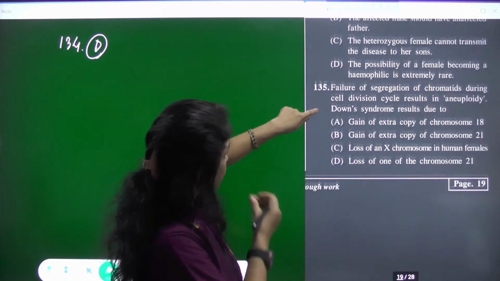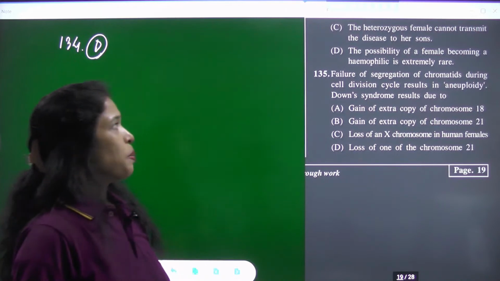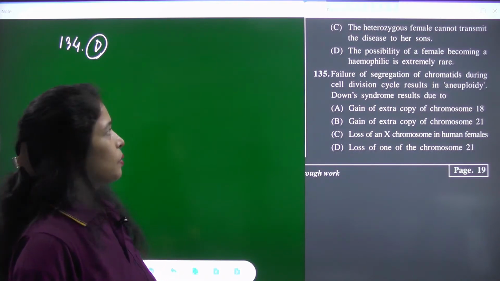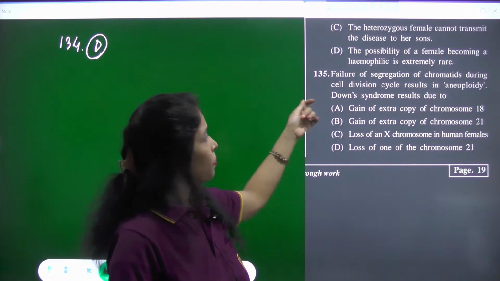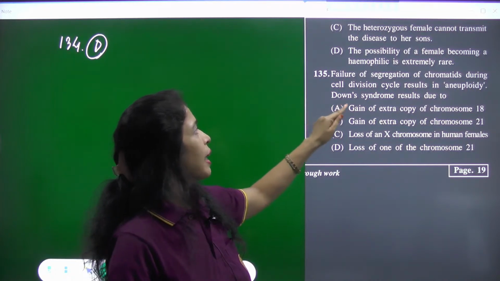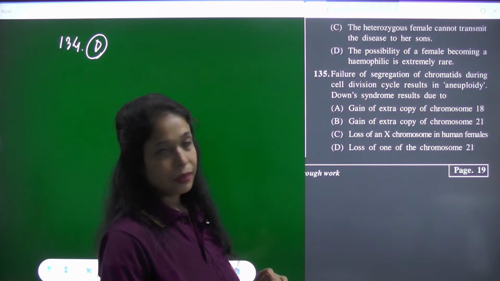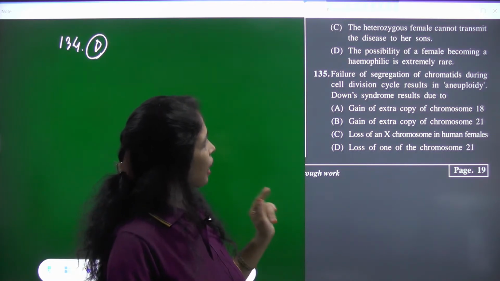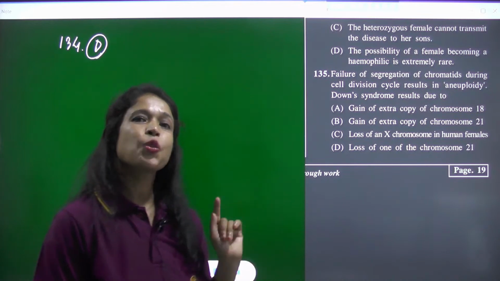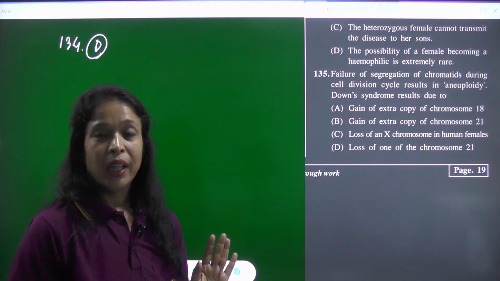नेक्स्ट, failure of segregation of chromatid, means anaphase, during cell division cycle results in aneuploidy. करेक्ट. Down syndrome results due to aneuploidy, so one such question already we have solved.